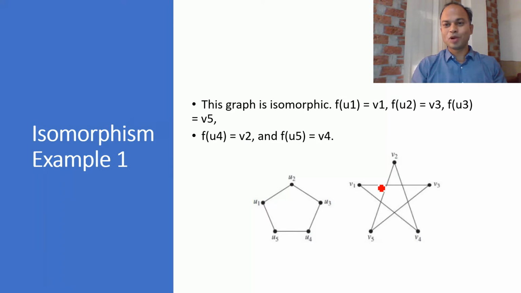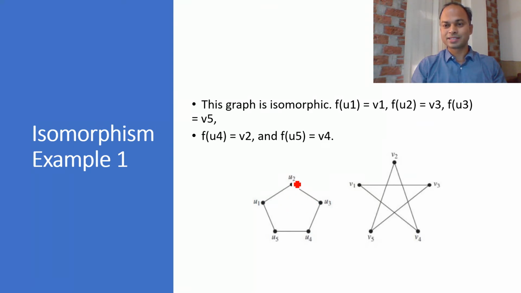Now we have to check our necessary conditions. Do these two graphs have the same number of vertices? The answer is yes, both graphs have the same number of vertices. Further, these two graphs have the same number of edges. Condition number 3: the graphs should have the same number of vertices of degree k.